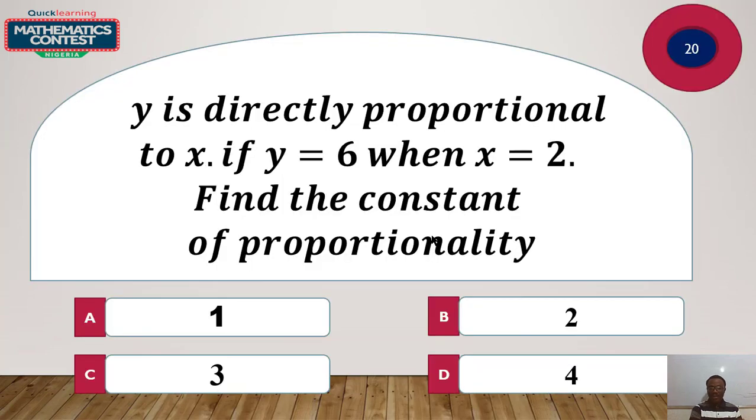Okay, let's solve that without the timing now. y is directly proportional to x. So to write that, just remove the proportional sign. It will be y equals kx. So y is 6, so 6 equals 2k. So to get k, it is 6 over 2, which is 3. So the value of k is 3, so option C is the answer.